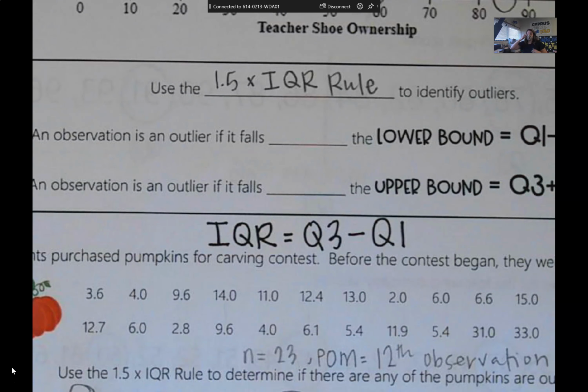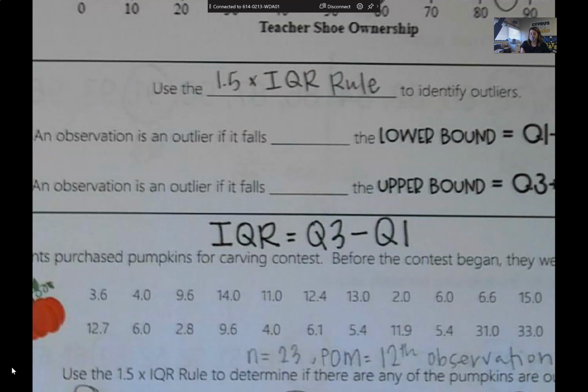So what this is asking is, how far spread out is the middle part of your data? How far spread out is the middle 50%? Range asks you, how far out is all the data? What's the difference between your max and your min? But interquartile range just wants to know the distance between the middle observations.